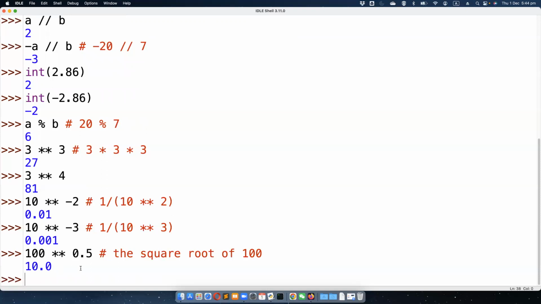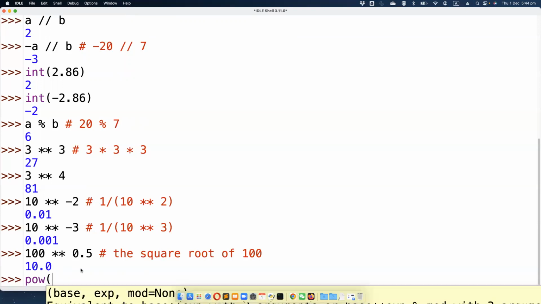And in Python, there is an alternative to the power operator. That is the built-in pow function. Okay. One version of the pow function takes 2 arguments. The first is the base number, and the second is the exponent. Like, okay, base number 2, exponent 4. So here you can see the Python interactive shell just provides the prototype for this function.